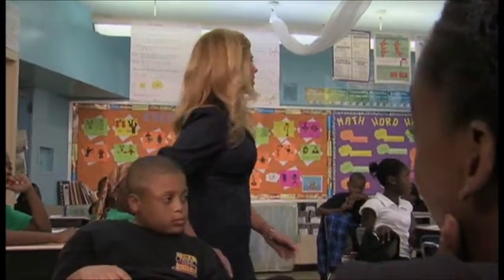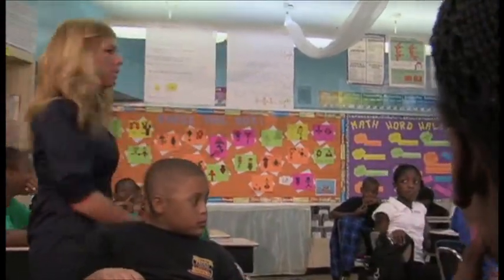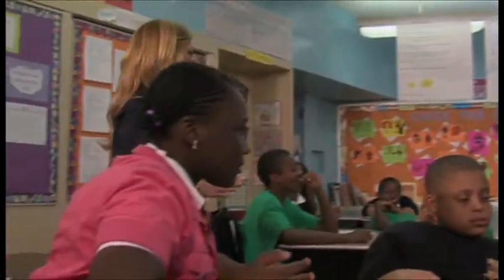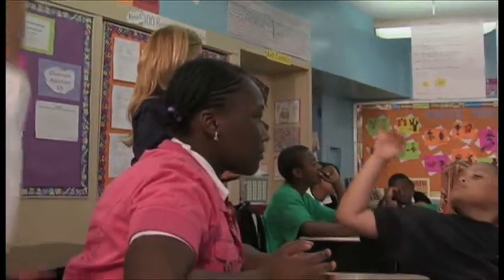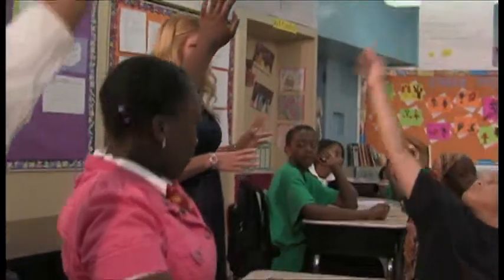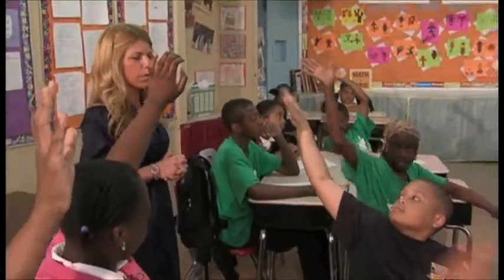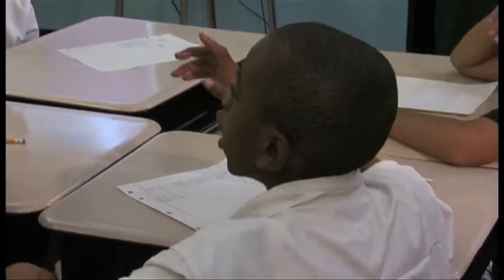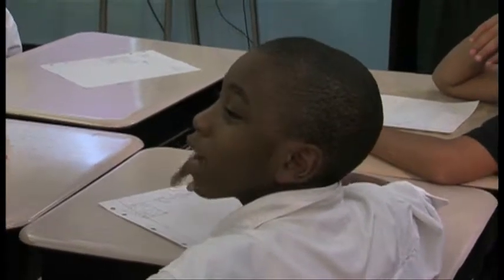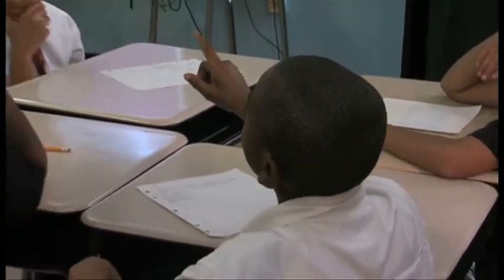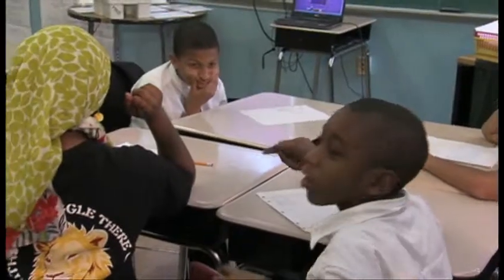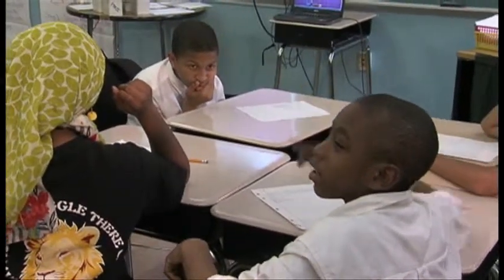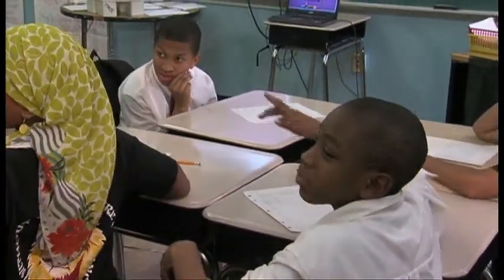Boys and girls, does anybody see anything similar about squaring numbers and finding square roots? Is there anything similar about those two processes? Raekwon? To square it, you have to multiply the same number. To find out the square root, you have to divide that number by whatever number can multiply itself to get the other number, get the product.